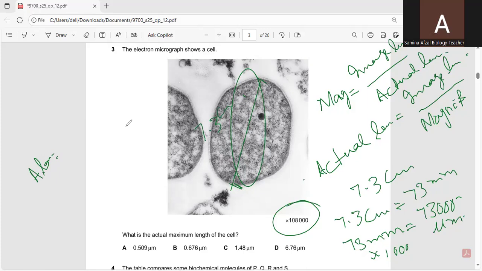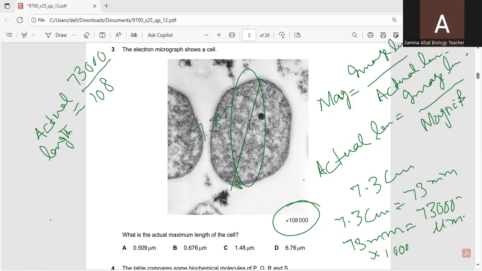So actual length is equal to 73,000 over this magnification, 108,123.